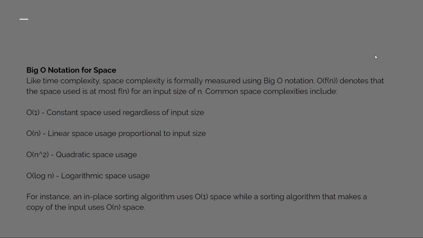Big O notation for space. Like time complexity, space complexity is formally measured using Big O notation. O of f of n denotes that the space used is at most f of n for an input size of n.